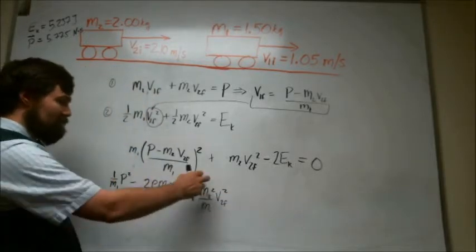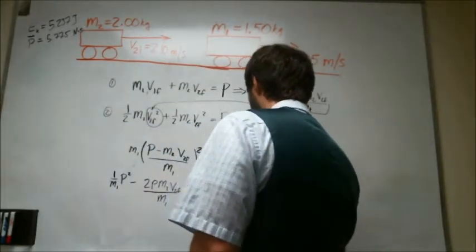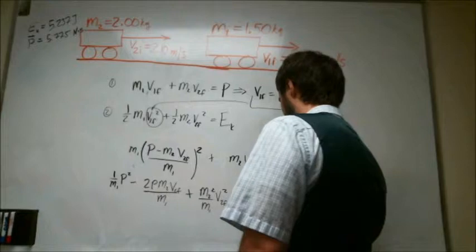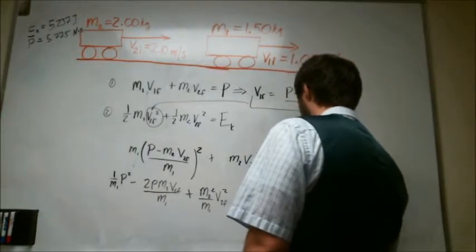So that's this term, and then I have plus M2 V2F squared minus 2 EK.